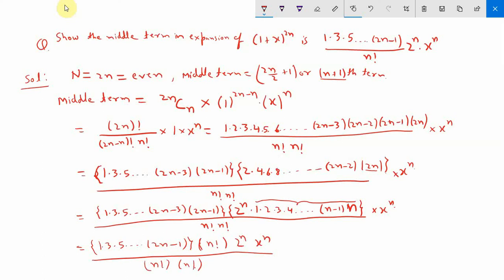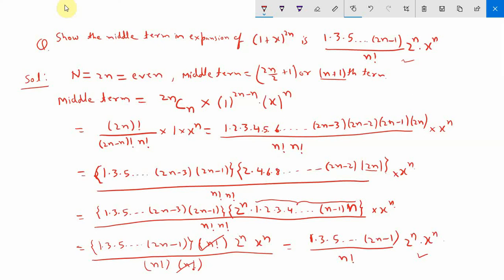So one n factorial will get cancelled out from numerator and denominator, and we will get 1 into 3 into 5 to 2n minus 1 divided by n factorial into 2 to the power n into x to the power n. So this is the middle term, and it is same as what is in the question. In this way we can calculate the middle term.